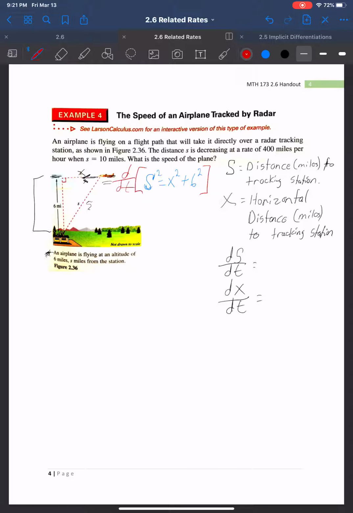So the derivative of s squared with respect to t, well, the derivative of x squared is 2x. So the derivative of s squared is, of course, 2s ds/dt. Now that's going to be equal to, no, okay, if you take the derivative of x squared, isn't it just 2x?